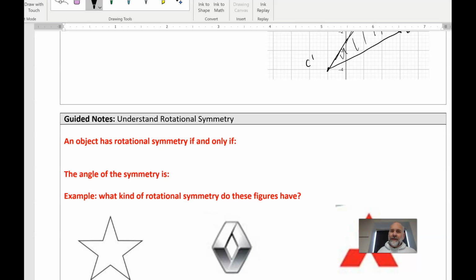Finally, last thing for today's notes is rotational symmetry. So we saw line symmetry in 4.2 dealing with reflections. So what's rotational symmetry?